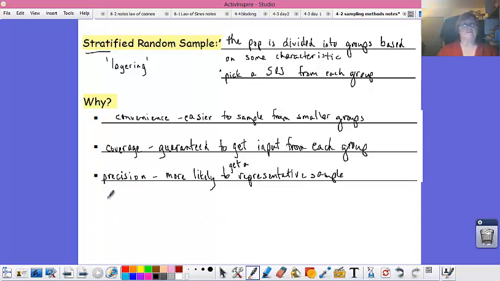I found that surprising when I heard about this. So if you think about some ways that groups might be stratified or layered, it could be gender, could be age, could be class, right? If we're talking about high school, it's a characteristic of the population, all right? That's stratified random sampling.